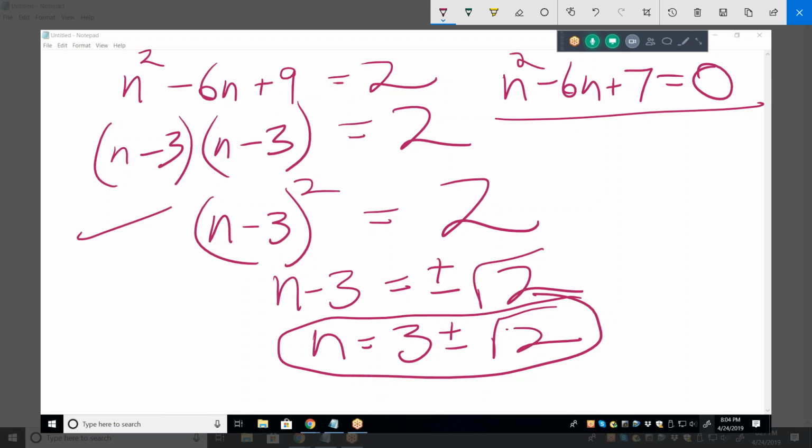Well, guess what? After we apply the quadratic formula, this is the answer we get. The quadratic formula was actually developed more from this technique than anything else. It's a complete the square formula that was developed.